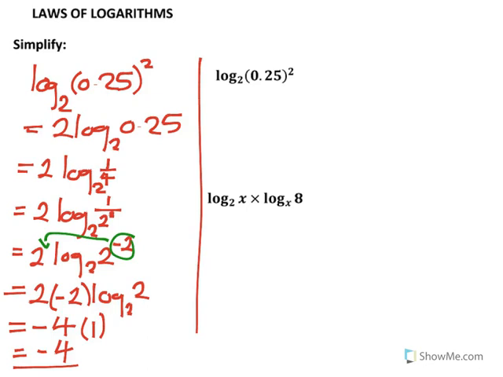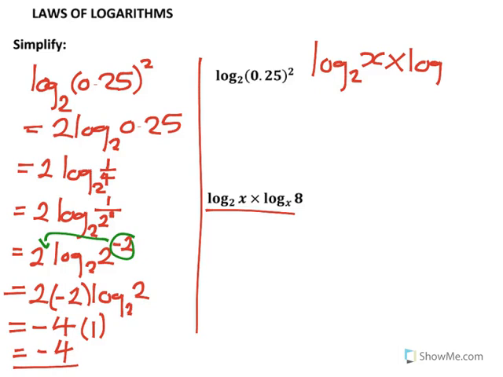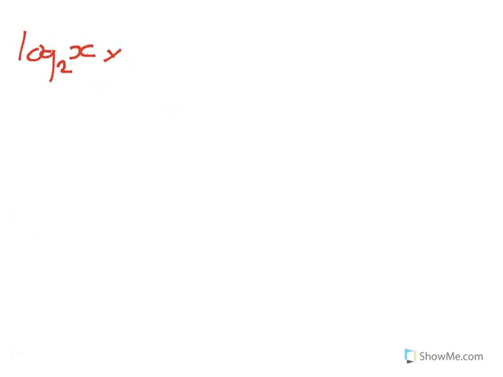What is the next question that we're given? It is this question which says log base 2 of x times log base x of 8. Let me write it on a fresh page. Log base 2 of x times log base x of 8.